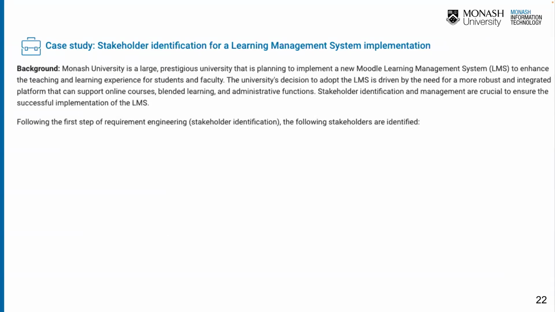The university's decision to adopt the LMS is driven by the need for a more robust and integrated platform that can support online courses, blended learning, and admin functions. Stakeholder identification and management are crucial to ensure the successful implementation of the LMS. Okay, the first step, we're going to identify the stakeholders, right?